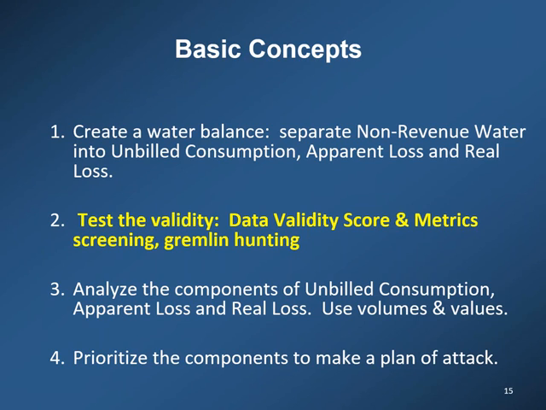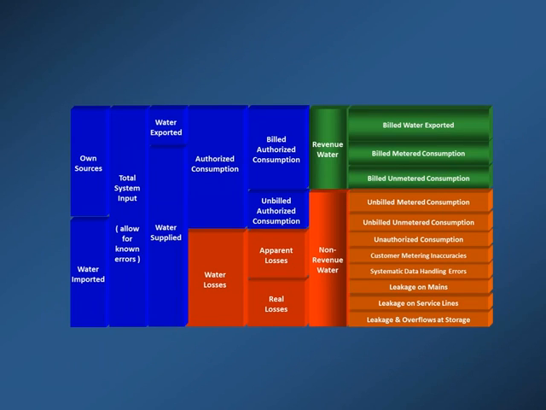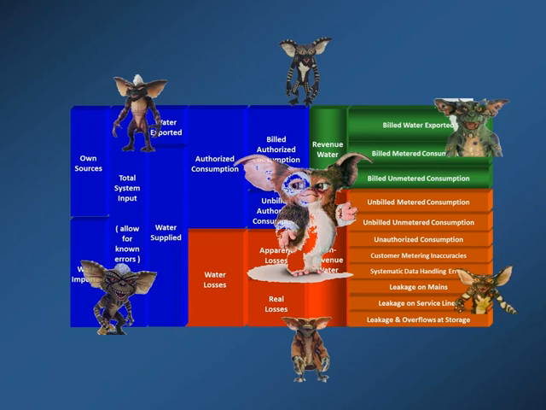So in there we looked at the data validity score and the metric screening. And you may recall from class we talked about this notion of gremlins. We use the analogy of gremlins because errors in the data are not coming from, in most cases, human errors where someone's doing the math wrong or getting the figures mixed up.